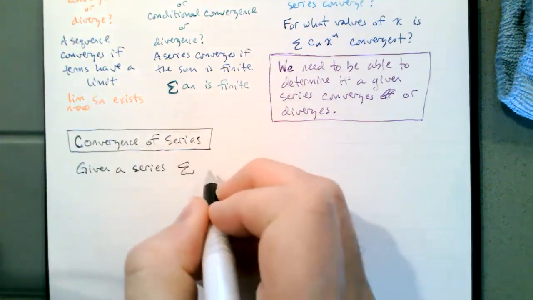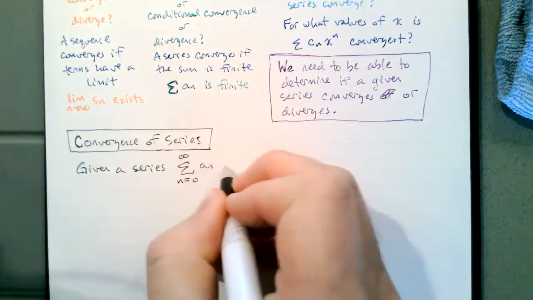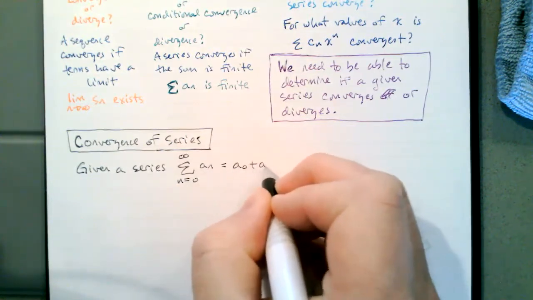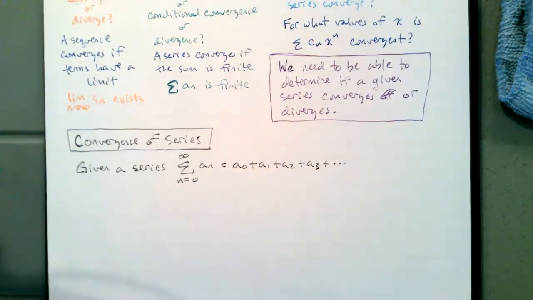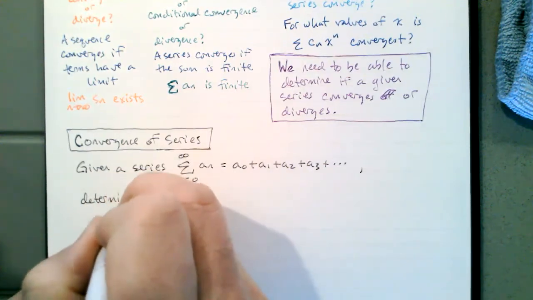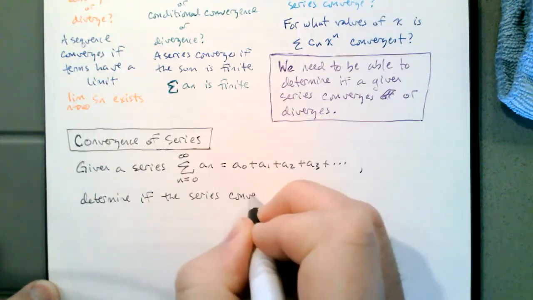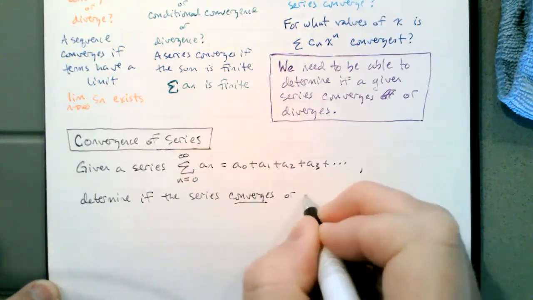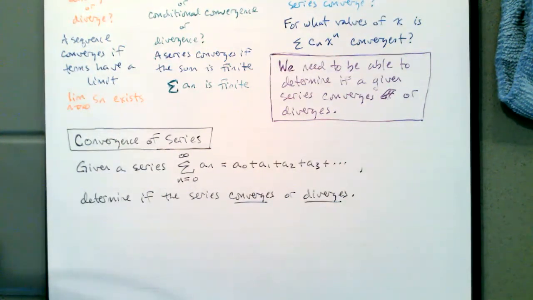Given a series, the sum as n goes from 0 to infinity of a_n, which will be a_0 plus a_1 plus a_2 plus a_3, and so on forever, we want to determine if it converges or diverges. Then later on, we'll split convergence up.